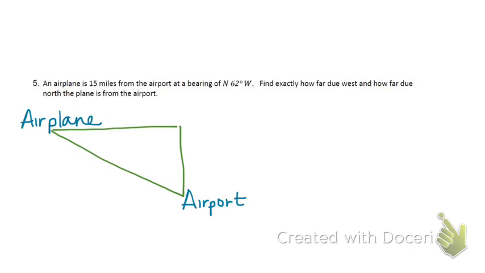So remember from yesterday, a bearing is always made with the vertical. So we know that this can't be a bearing because that's my right angle. So am I going to put that bearing here where the airplane is, or do I put the bearing here? Where does that bearing go? Right here, yeah. So this is where that 62 degrees is going to go. And because it says it's 15 miles at a bearing, this 15 miles is going to be my hypotenuse.